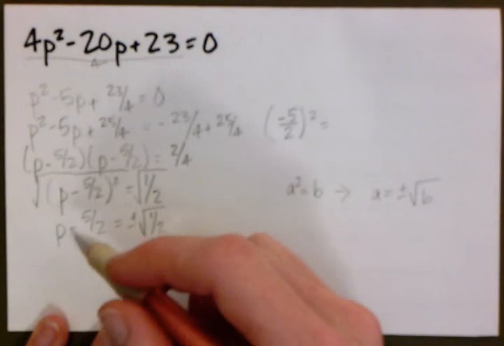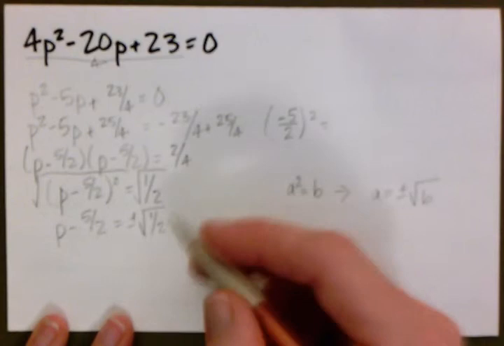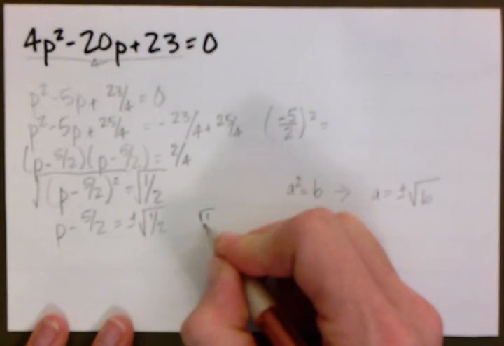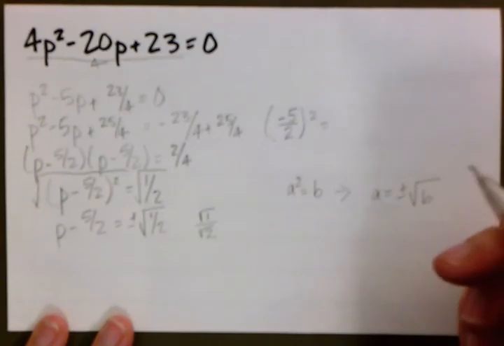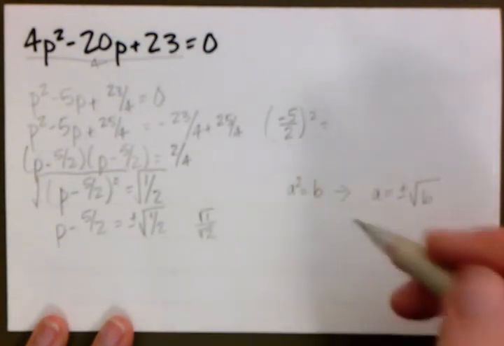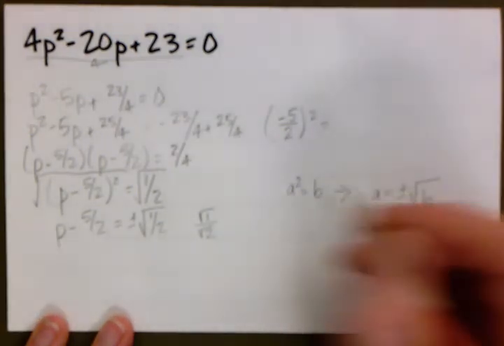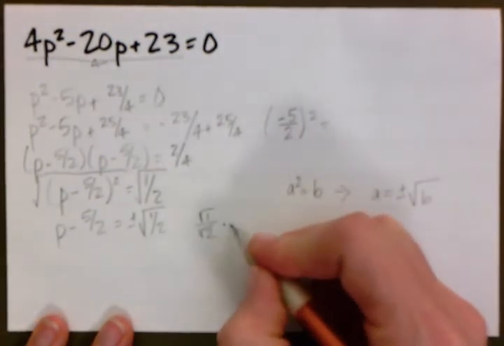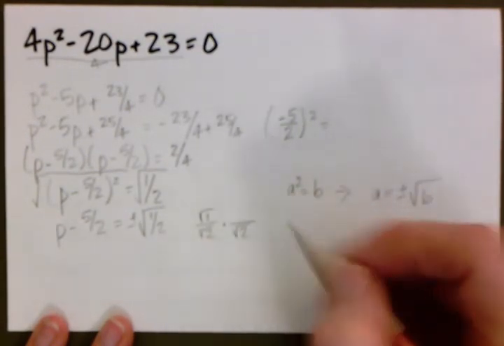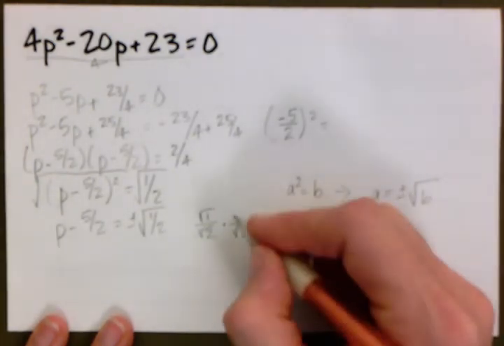Still trying to solve for p, but we're going to work on this side of the equation for just a minute. So the square root of 1/2 is really the square root of 1 over the square root of 2. We have a radical in the denominator here, and we don't want that, so we're going to go ahead and get rid of it. The way we do that is that we multiply the denominator by itself, the square root of 2 times the square root of 2. Remember that whatever we do to the denominator, we must do to the numerator as well.